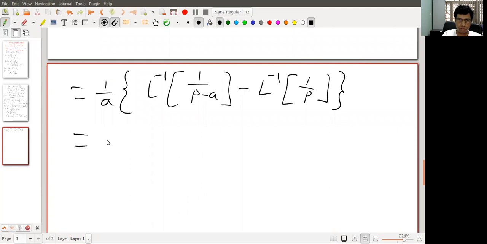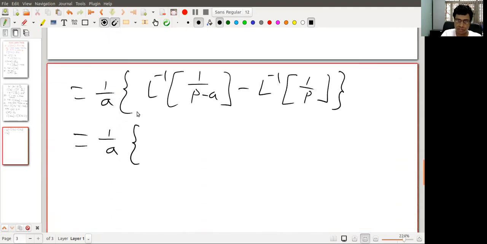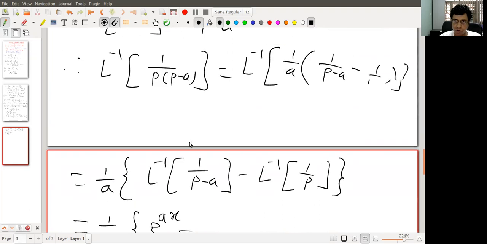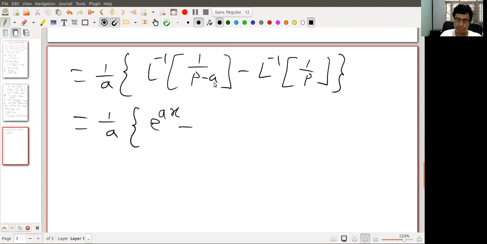L of e raised to ax is 1 upon p minus a, so L inverse of 1 upon p minus a is e raised to ax. So this is e raised to ax minus L inverse of 1 upon p. It is simply x. Or this is e raised to ax minus x divided by a.